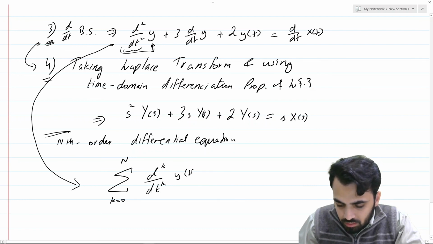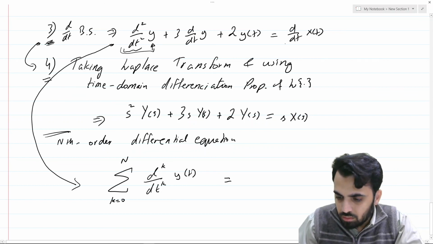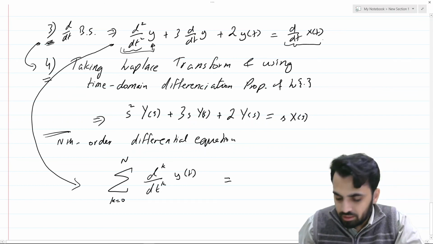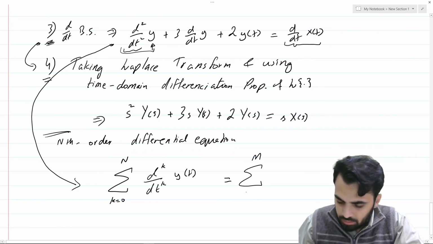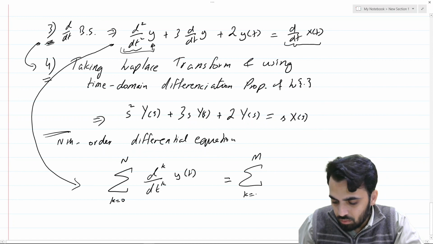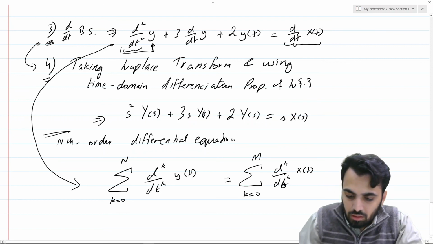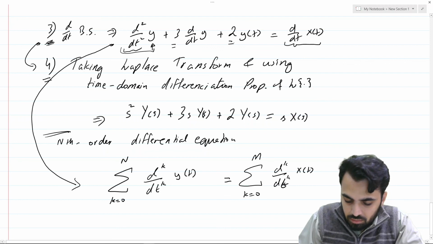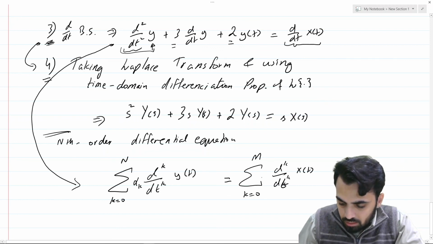y of t equal to the order of differential on the right side. Say that order is m, and again k is equal to 0 to m of d^k by dt^k x of t. But also we have these constant coefficients, so let us call them alpha k and beta k.